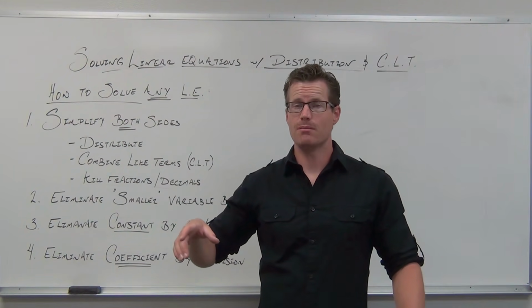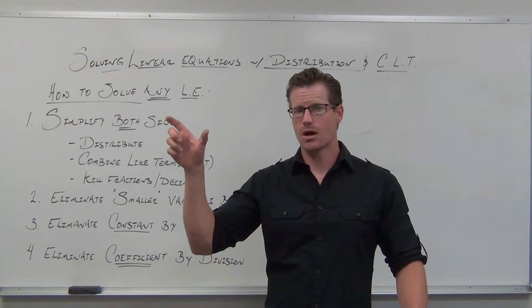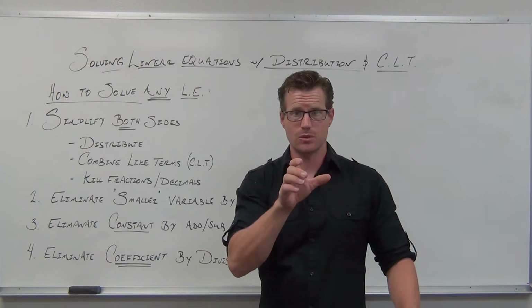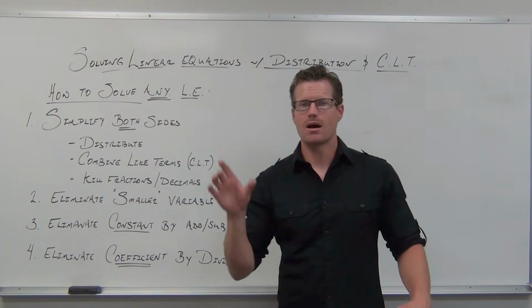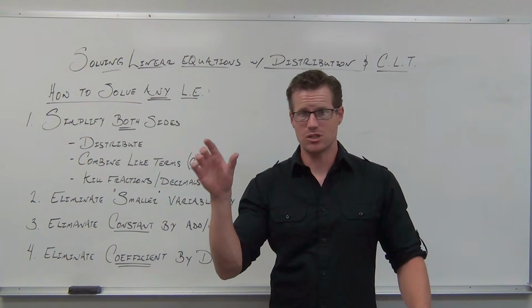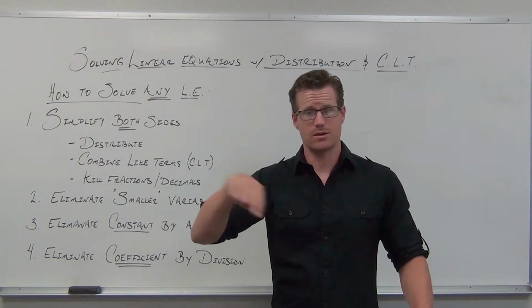After that, you'll have at most 3 terms. You'll have a variable with a constant on one side and just a number on the other side. You would have removed one of the variables. Working on the variable side, you're going to eliminate the constant next to that variable. This can only be done by addition or subtraction. You see, that constant is attached to your variable by addition or subtraction. Add or subtract.